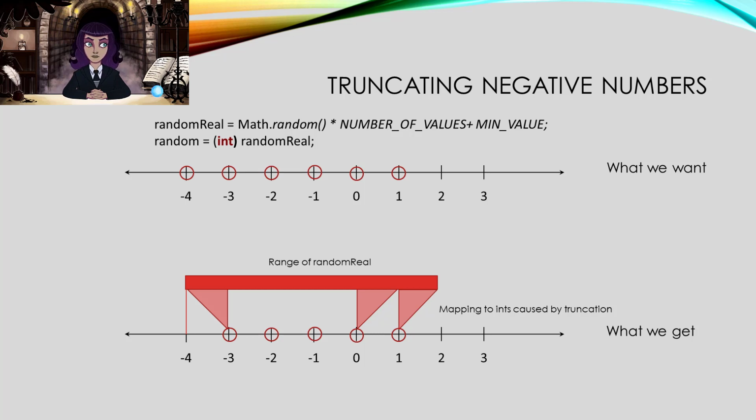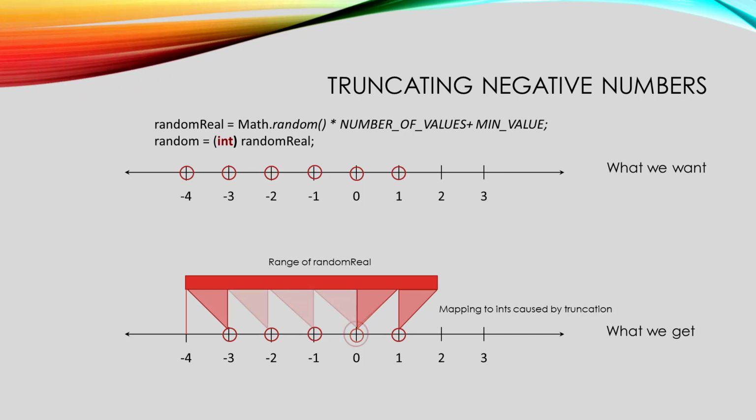But we'd get the same number of -3s as the number of positive ones we got. I agree, and that trend will continue for the rest of the negative numbers. Values between -2 and almost -3 will truncate to -2. Values between -1 and almost -2 will truncate to -1. And the last one of those is that the range from 0 to almost -1, all of those will get mapped to 0.